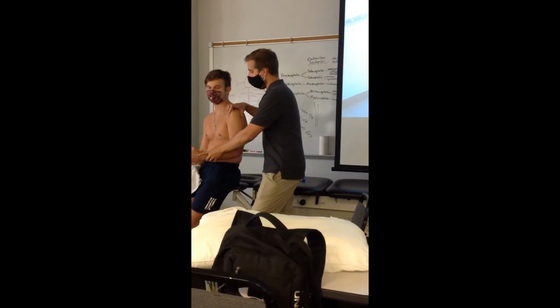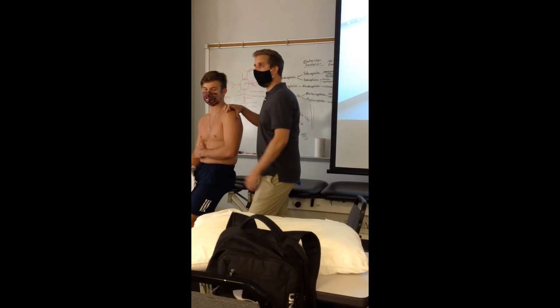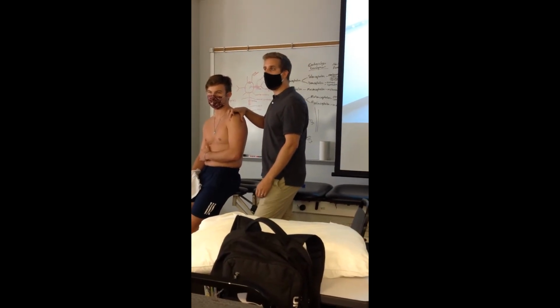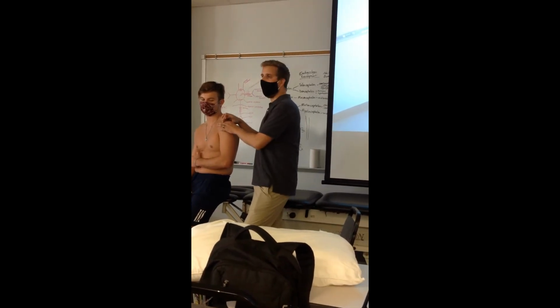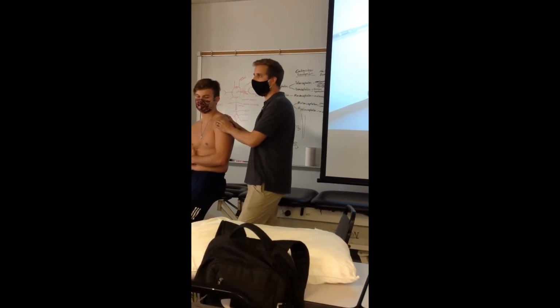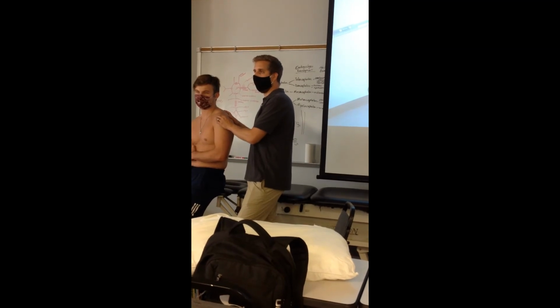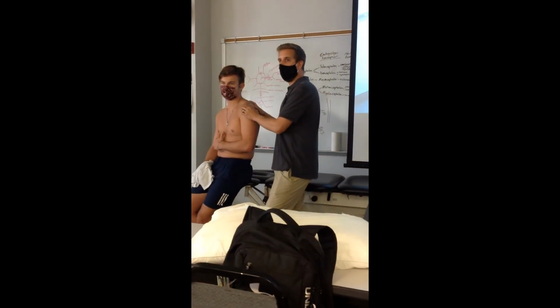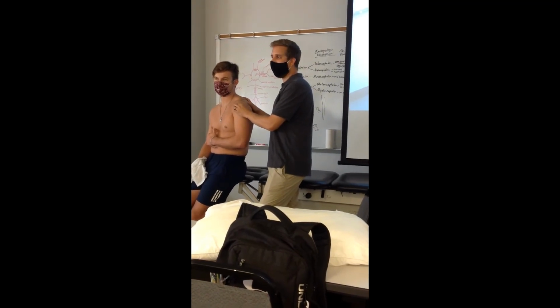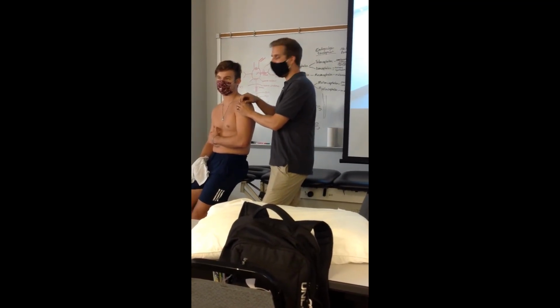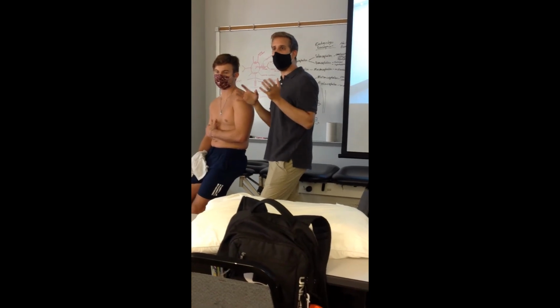And then as I bring them all the way into internal rotation, what's the next one? Greater tubercle. So there I am with the greater tubercle. What two rotator cuff muscles attach to the greater tubercle? What else? Supraspinatus. Good. So it's just a way to identify those.